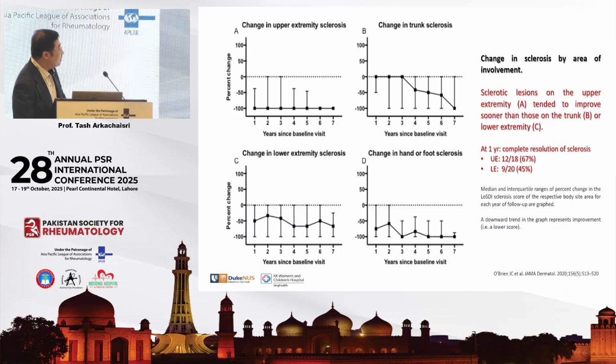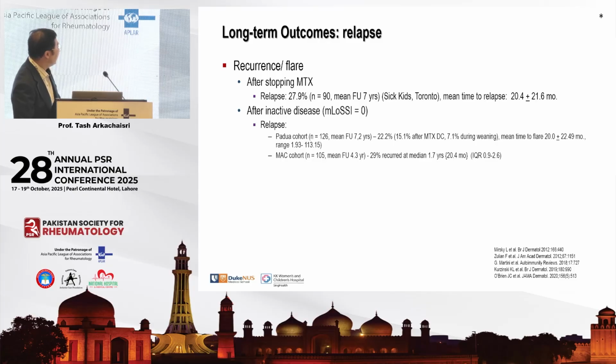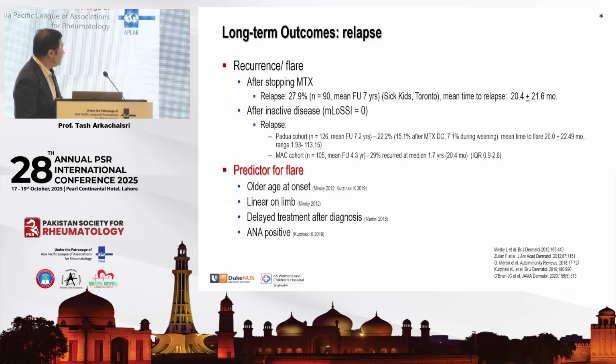And the upper extremity is actually better than the lower extremity. So for the long-term outcome, as I mentioned, about 30% will recur within 2 years, at around 20 months. That's what you can tell your patient when you stop the treatment, and this comes from the big cohort from the West. Predictors of flare: older age at onset, linear on the limbs, delayed treatment, ANA positive, and another one that I forgot to put, 2 shots for the treatment.